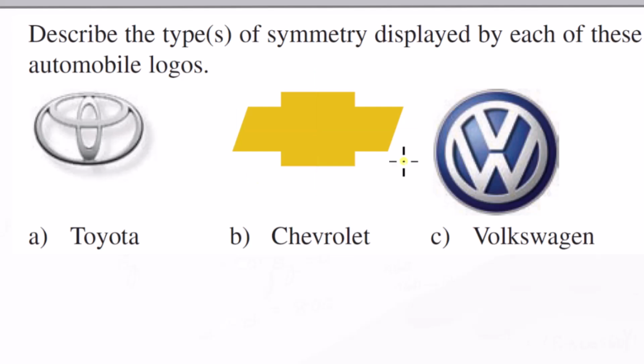Okay, we'll come back to lines of symmetry, but let's think about a point of symmetry. It's going to have to be somewhere in the center, and it looks like it's going to have point symmetry. Yes, it will, because we can find a corresponding point relative to this point of symmetry anywhere, right? You can tell this Chevy logo looks symmetric in some sense, and so yes, it's point symmetry.